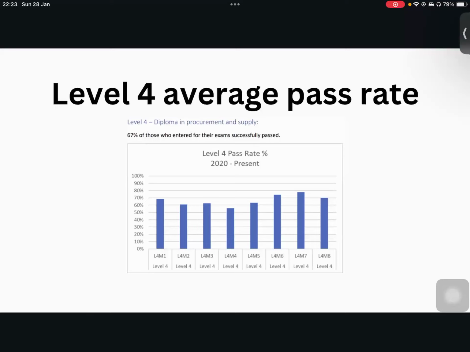With level 5, generally they have a pass rate well beyond 70%, with two exceptions, Alpha M9 and Alpha M10. Alpha M9 is an elective module. Similarly, Alpha M10 is also an elective module.